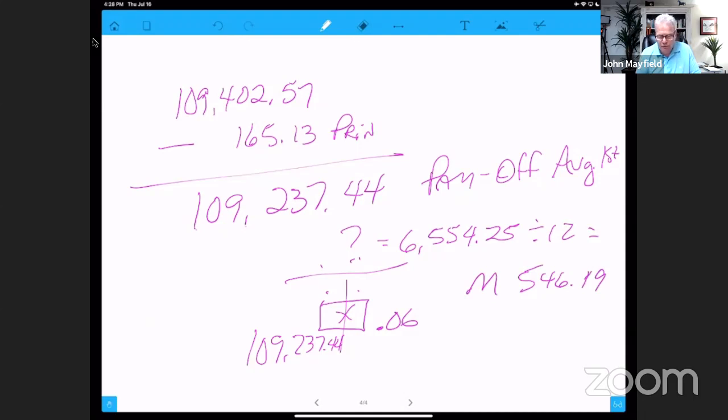And then I would just divide by 30. They'll always give you that, and so that's $18.21. And if we're closing on the 5th, we have 5 days of interest, so times 5, so $91.03.